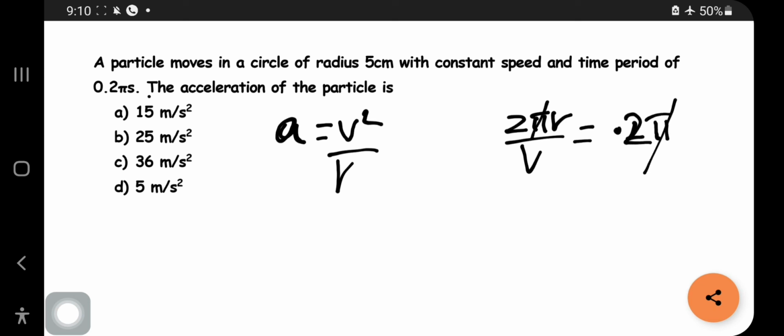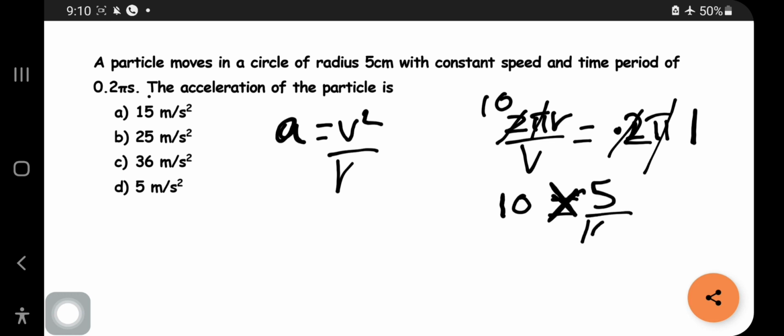Pi cancels, so 10 r by v is equal to 1. So 10 is equal to, r is given as 5 centimeter, 5 by 100, so it should be converted into meter, is equal to v. So V will be 1 by 2 meter per second.